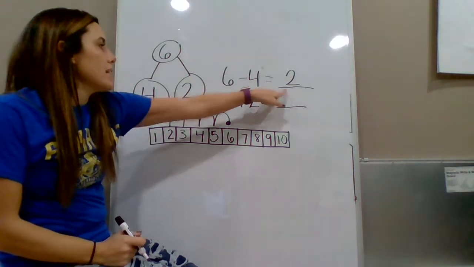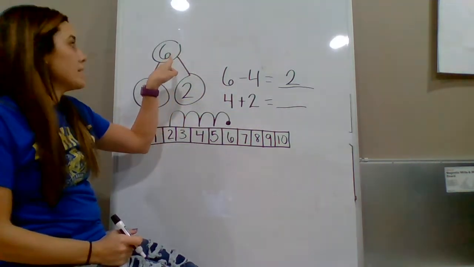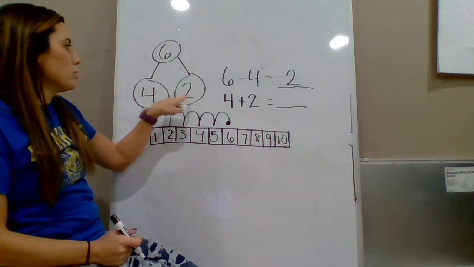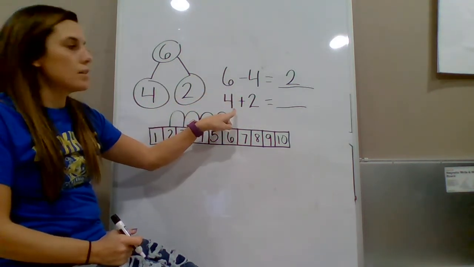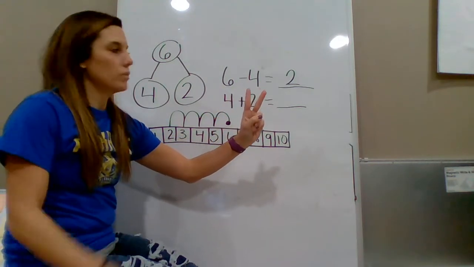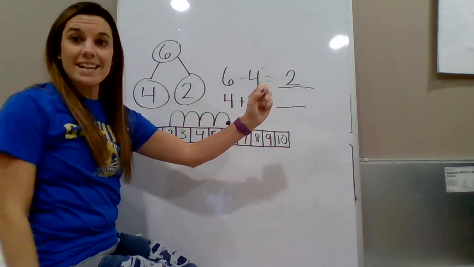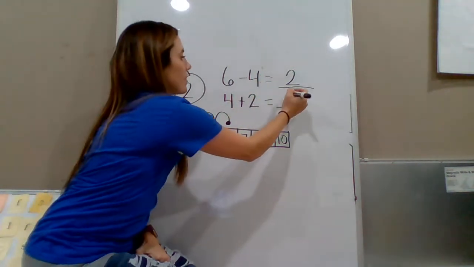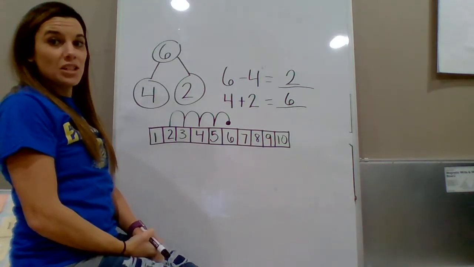If we got this answer right, then our answer to the addition problem will be 6. So we have 4 plus 2. We're going to use counting on. Let's put the biggest number in our head, which is the 4. We'll hold up 2 on our fingers. 4, 5, 6. We did it. We got it right. Do you see how I did that?